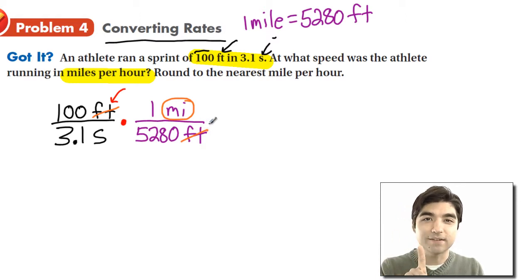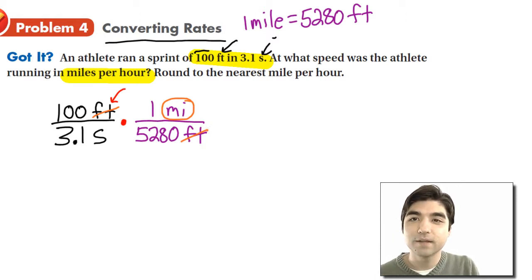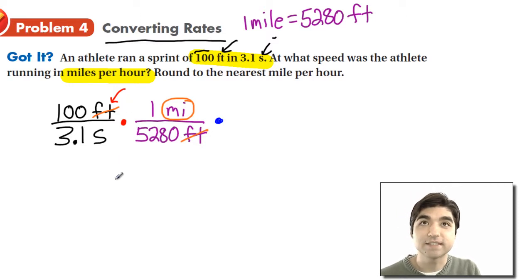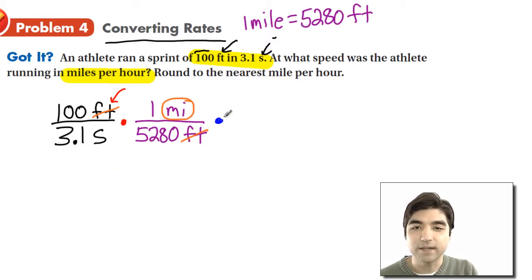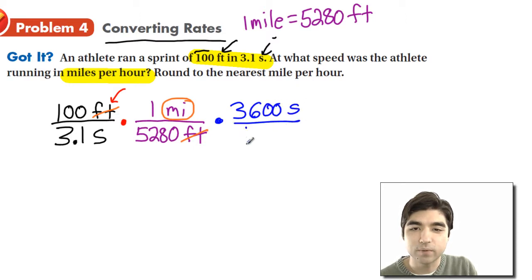Okay, so we got 1 down, 1 to go. Now we need to convert the seconds. Do you know how many seconds are in an hour? Let's see, there's 60 seconds in a minute, 60 minutes in an hour, so that would be 3,600 seconds in 1 hour.